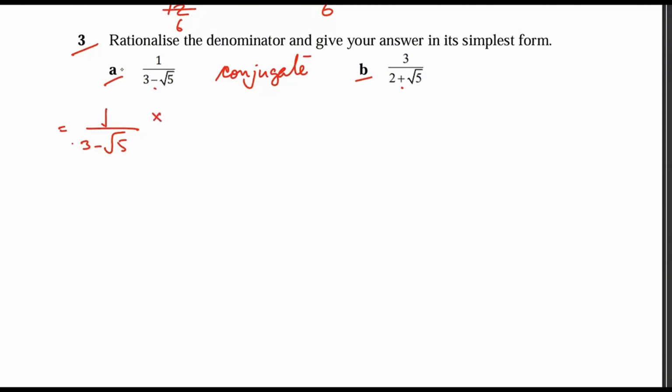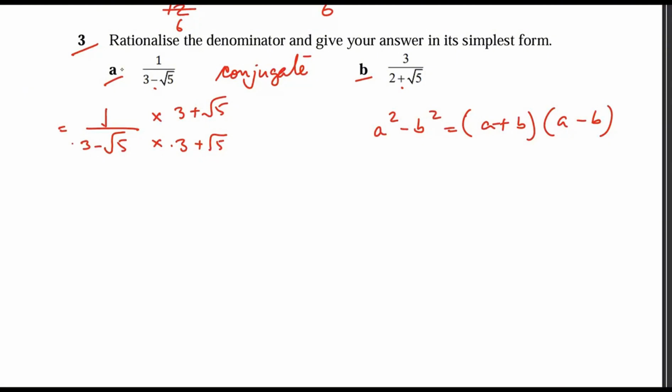We multiply the top and the bottom by 3 plus root 5. This is the same as a square minus b square. That gives us a plus b times a minus b. And then if you look at the denominator, you will understand.